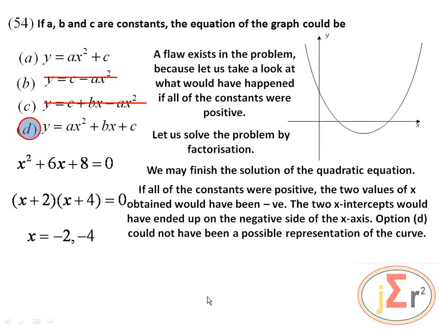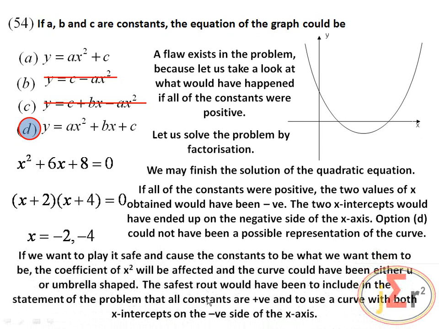If we want to play it safe and cause the constants to be what we want them to be, the coefficient of x squared will be affected, and the curve would have been either U or umbrella shape.